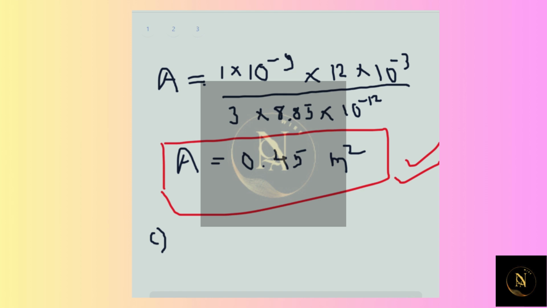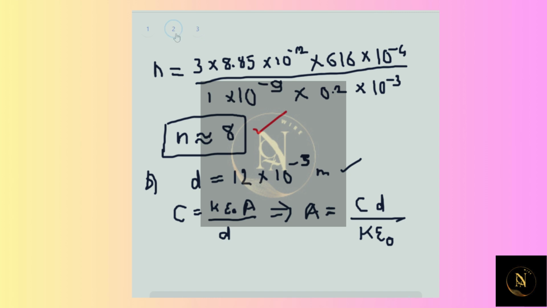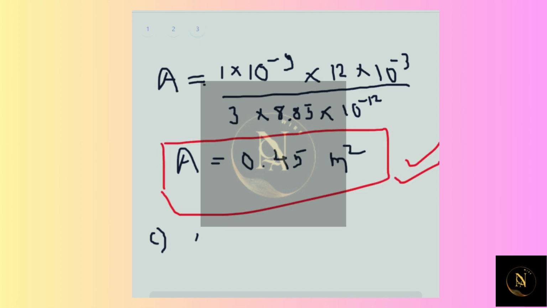But in this case, if you look at the formula for the area, it's C times D divided by K epsilon naught. So area is C D divided by K epsilon naught.